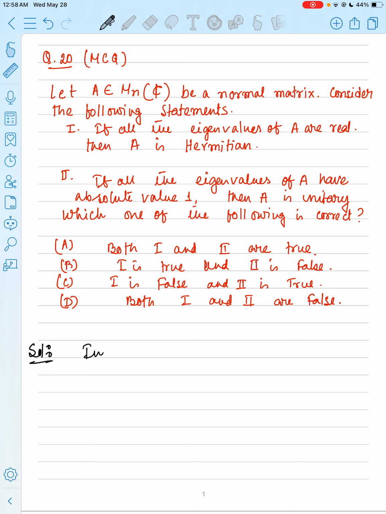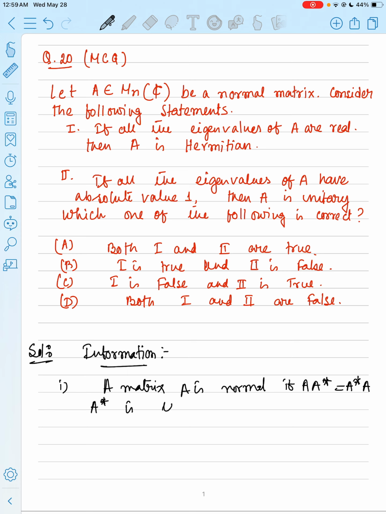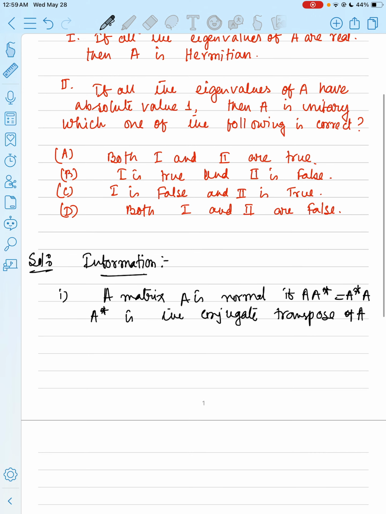Information 1: a matrix A is normal if A A star equals A star A. Here A star is the conjugate transpose of A. Second, a matrix A is called Hermitian if A equals A star.